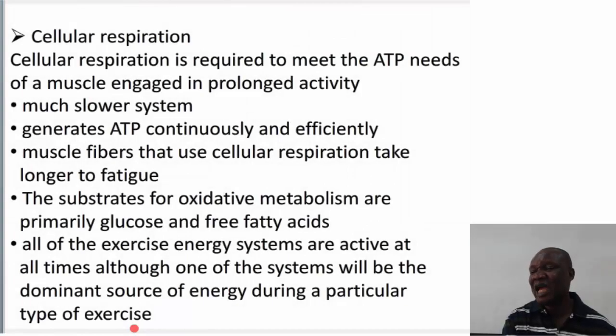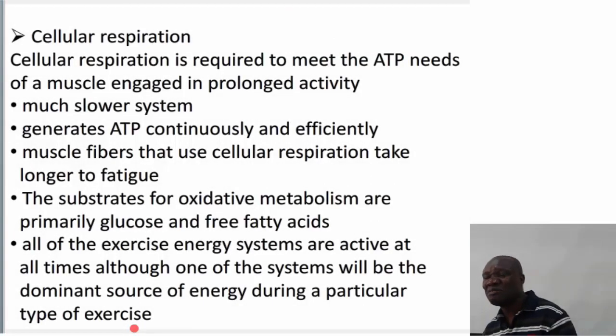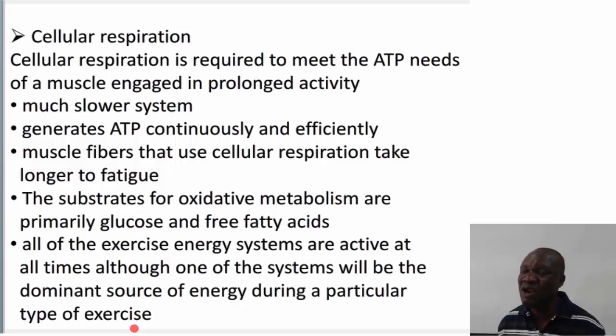Now, the third source of energy supply in the muscle is through cellular respiration. Now, even though this process is slow, it's the most efficient of the three, and it will generate enough energy that would take a longer time to exhaust.